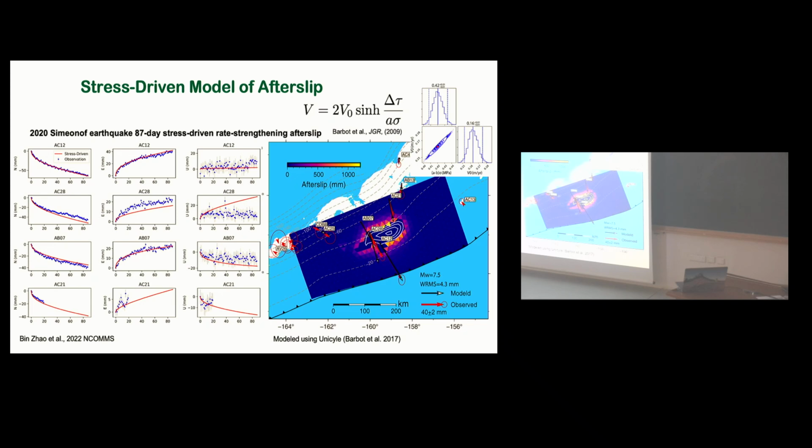And so at least in this case, and it doesn't always work that nicely, the stress-driven, more physical model, right, that actually takes the physics of stress change-driven slow slip, velocity strengthening slip into consideration, matches the data almost as well as the kinematic inversion that isn't concerned at all about that slip happening in places where it could happen, right? I could have found slip somewhere far away from the rupture that maybe the data prefer, but seems to be unlikely given the physics of the problem.